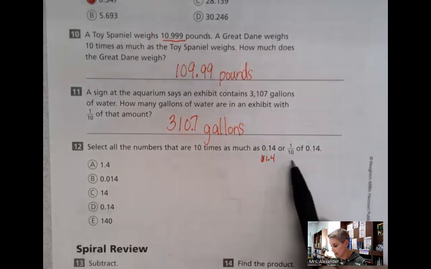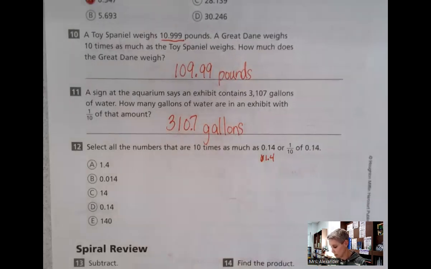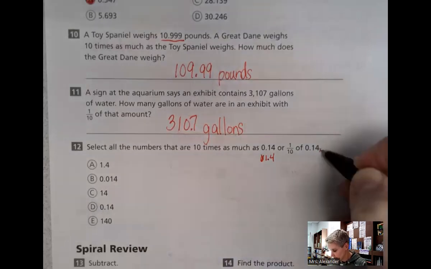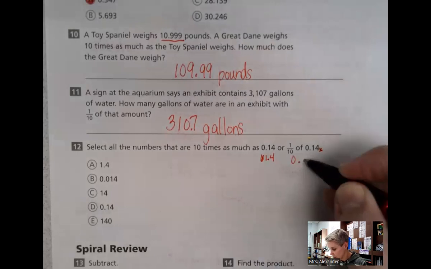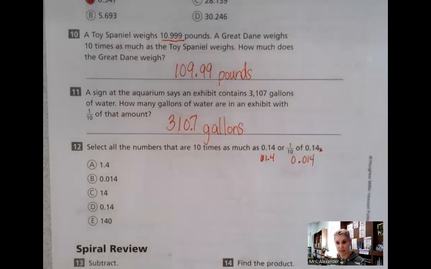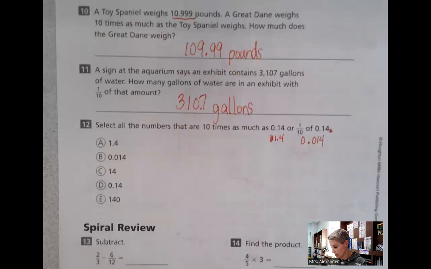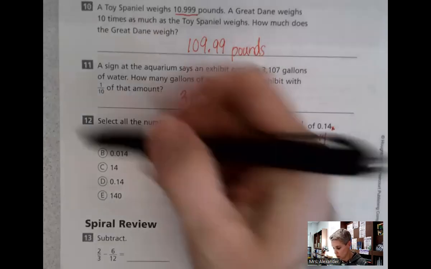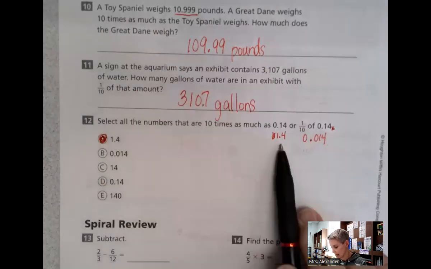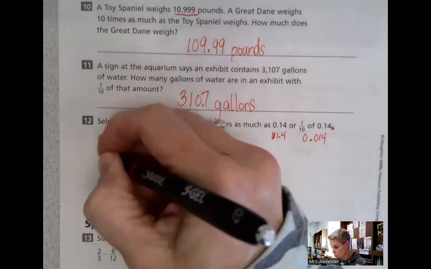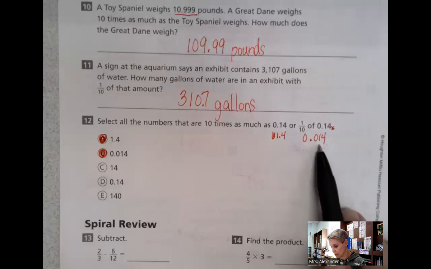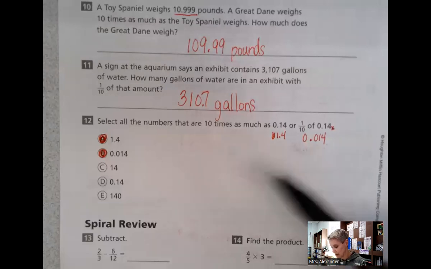If it's 1/10 of that number, and ignore that period at the end of the sentence, it should become 14 thousandths. So as I look, I have letter A, that's 1 and 4/10, 10 times as much. I have letter B, 1/10 of 14 thousandths. And that would be it.